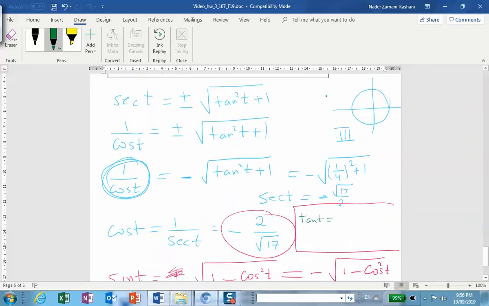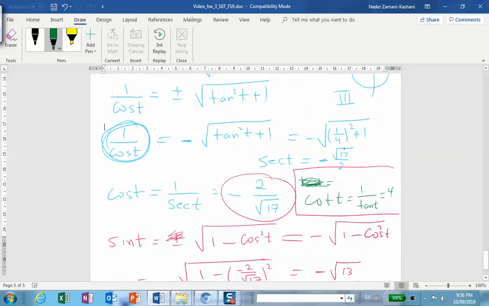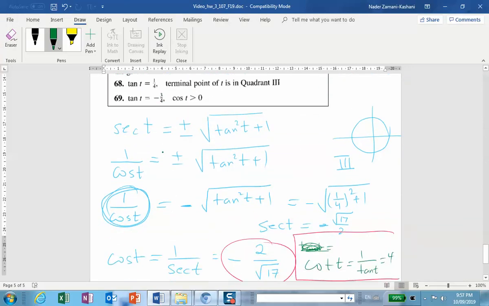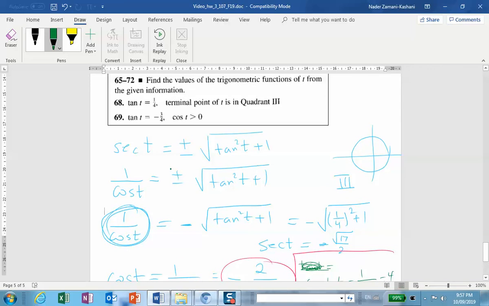We want the cotangent. That's good, because cotangent of t is just 1 over tangent of t, and this is just 4, because you were told that the tangent is 1/4, so cotangent is 4.